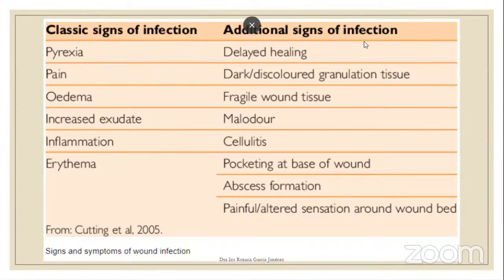Additional signs of infection: delayed healing, dark or discolored granulation tissue, fragile wound tissue, malodor, cellulitis, puckering at the base of the wound, abscess formation, painful altered sensation around the wound bed, okay? So these signs and symptoms are extra information for catching more specific vocabulary.